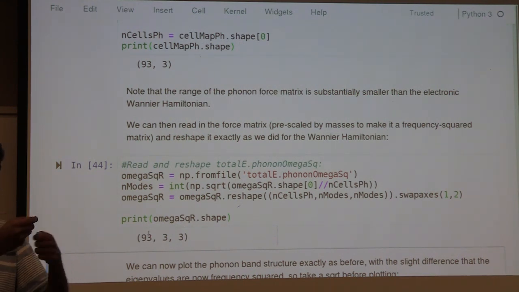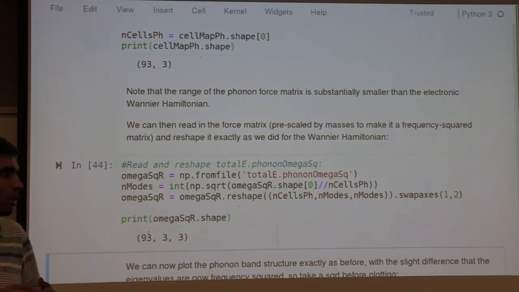So there are 3 modes of perturbation associated with every unit cell. And this time I have a much more short-ranged interaction. So instead of the 2000 odd cells I had for the Fourier, I just have 93. Right? So the range of the phonon force matrix is much smaller than the electronic Hamiltonian.